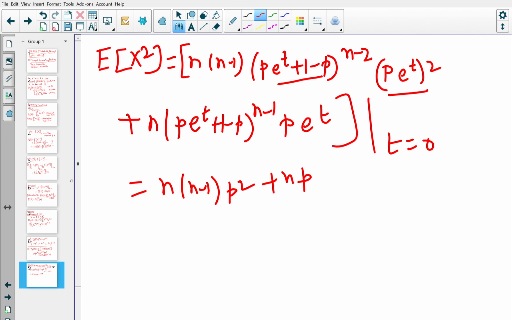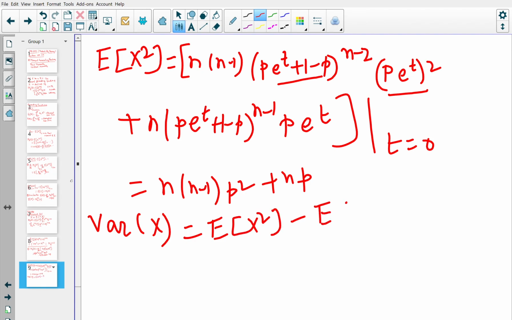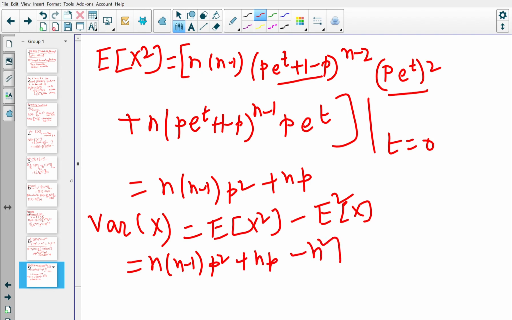Okay, so that is the second raw moment, and hence you can find the variance, which is the second central moment, which is nothing but expectation of x square minus expectation of x whole square. So n into n minus 1 into p square plus np, and then minus n square p square.